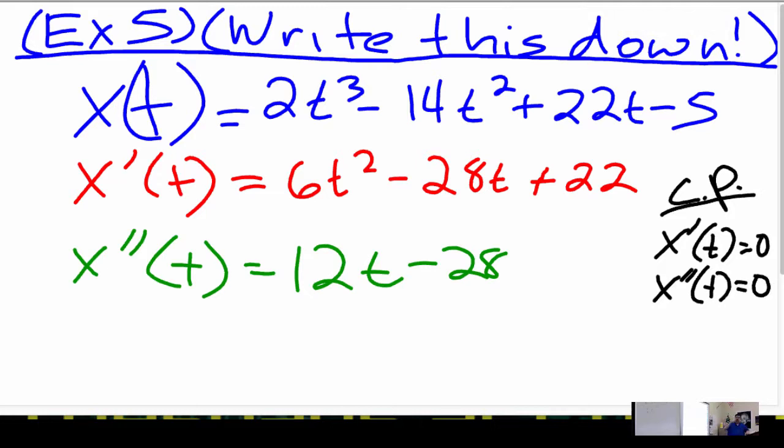Okay. Now, because they're polynomials, there are no domain restrictions. That means t could be any value, all real numbers, right? So both x prime and x double prime will be defined at all points. I can plug in any value for x and I'll get a y.